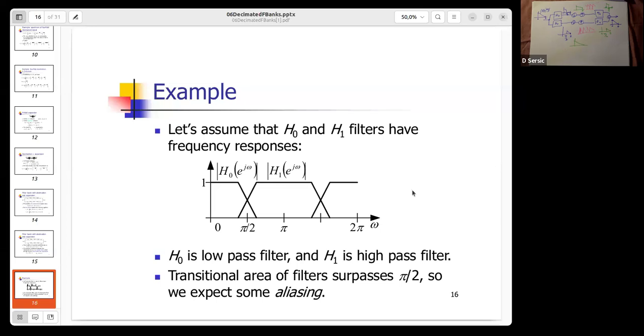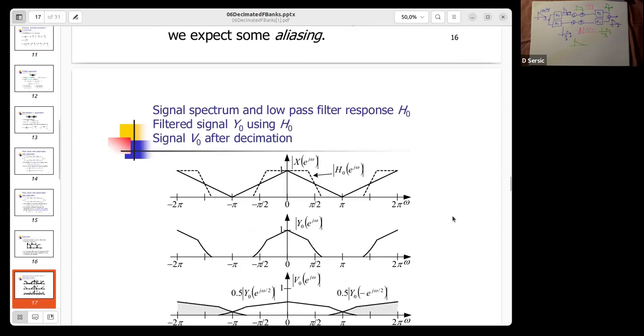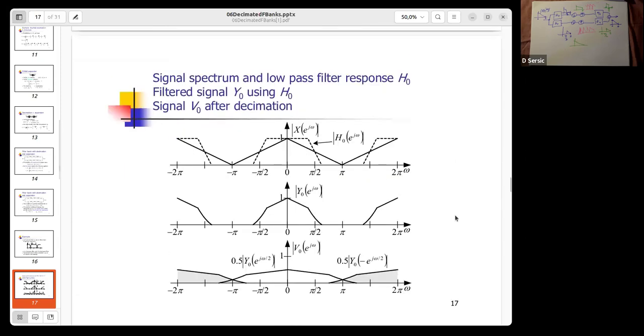So what we have is that the transitional area of the filters surpasses pi half, and we expect some mess. We expect some aliasing. So let's check how it looks in a more real example, not as ideal as on the paper.